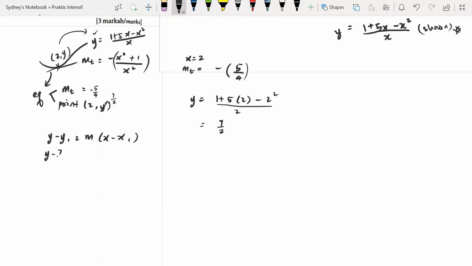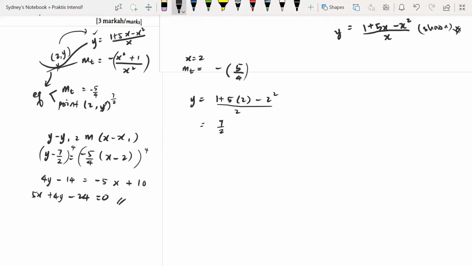Therefore, y minus 7 over 2 equals negative 5 over 4 times x minus 2. To get rid of the fraction, multiply both sides by 4. We will have 4y minus 14 equals negative 5x plus 10. And therefore 5x plus 4y minus 24 equals 0. So we have found the equation of the tangent.